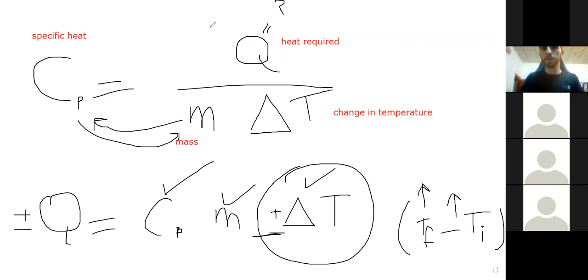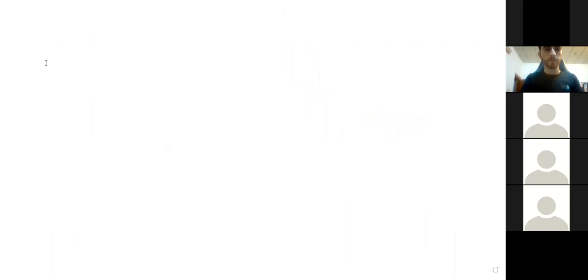So let me actually give you a couple problems here. A material has an initial temperature of 20 degrees Celsius.